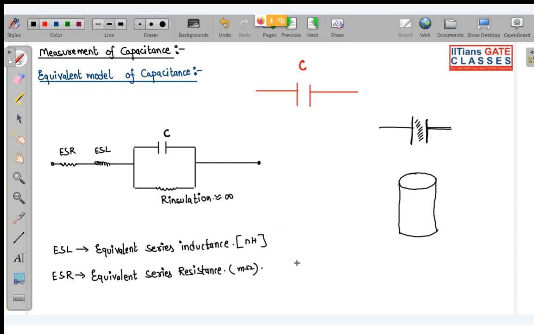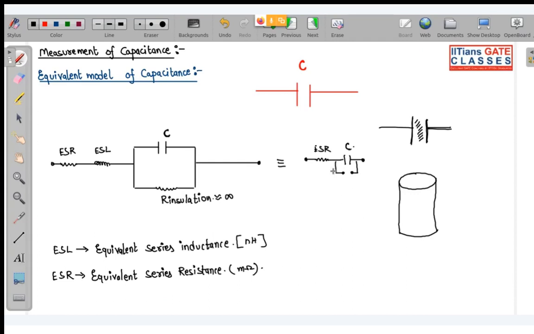So now if you want to approximate it, you can draw this like this: this is your ESR and this is your capacitance. You can neglect this ESL, and this insulation resistance you can approximate as an open circuit.